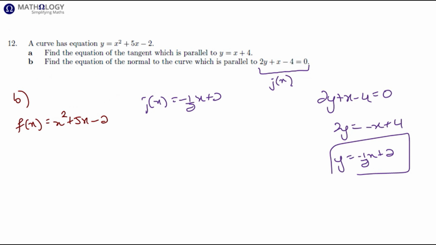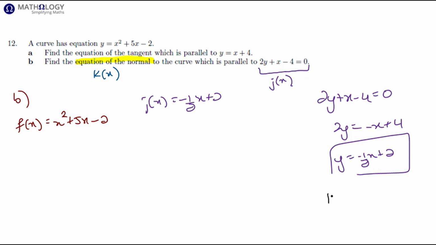Now, the equation of the normal, the equation of the line we're looking to find, is parallel to j of x. So let's just call the normal k of x. So we know that the normal is parallel to 2y plus x minus 4 equals 0.